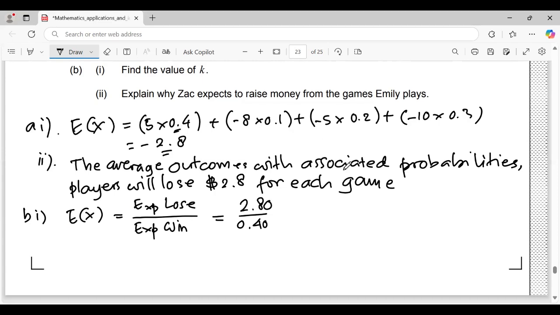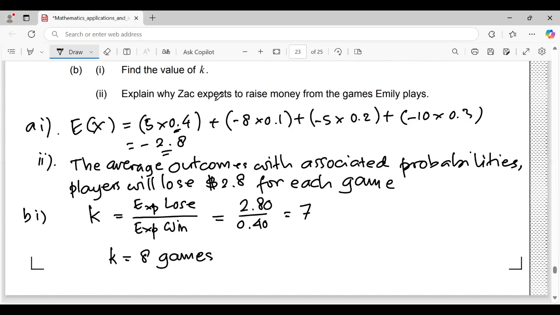The expectation is 2.8 over 0.40, where this is the expectation for win, and the overall expectation is minus 2.8, which means loss. If you divide, the result is 7, so k, the number of games, equals 8 games. Sorry, this is k, because we are going to calculate k.